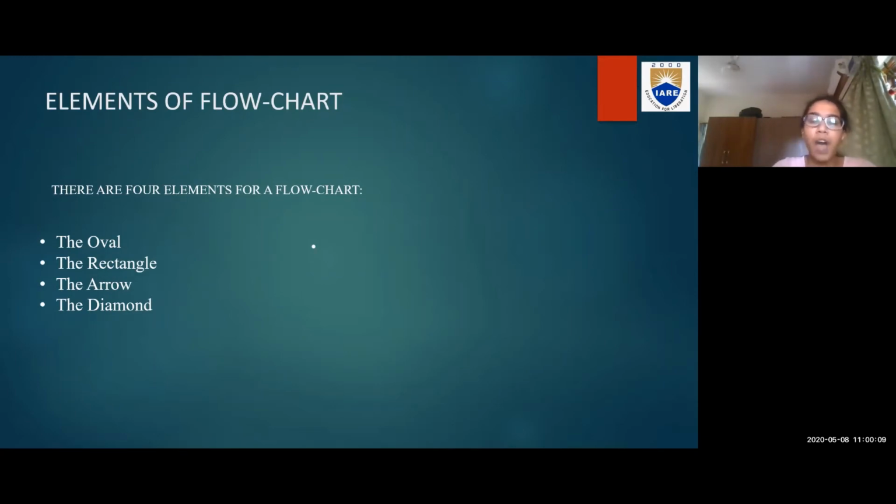There are a set of other symbols as well, but mostly when you use the concept of information transfer, you will encounter only these symbols. The first one is the oval. The second one is the rectangle. The third is the arrow, that is, the connecting lines. And the fourth is the diamond. I will tell you more about how to use these symbols and what purpose they serve in my next slides.